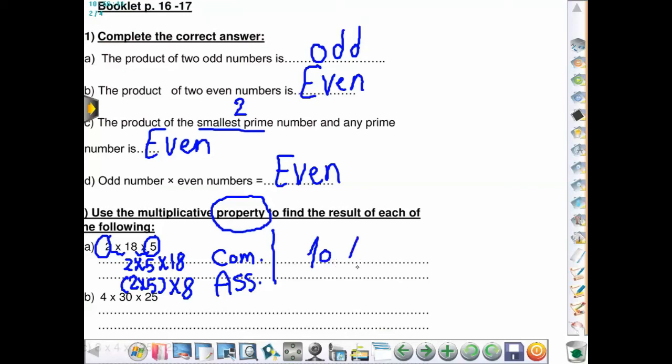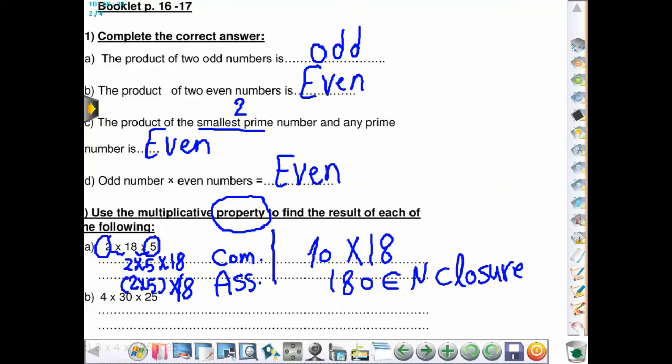Then put multiply 18. Now, can I find the answer easily? I have 1, 0, drop 0. 1 multiply 18 is 18. 18 belongs to N. It's a closure property. Now, I solved my exercise.